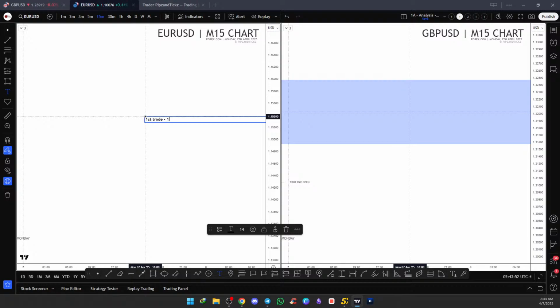For your first trade, you will risk 1%. If it is a loss, you have to cut the risk by half for the next trade. Second trade risk will be 0.5%. If the second trade is also a loss, you have to cut the risk further by half, like 0.25% for the third trade.